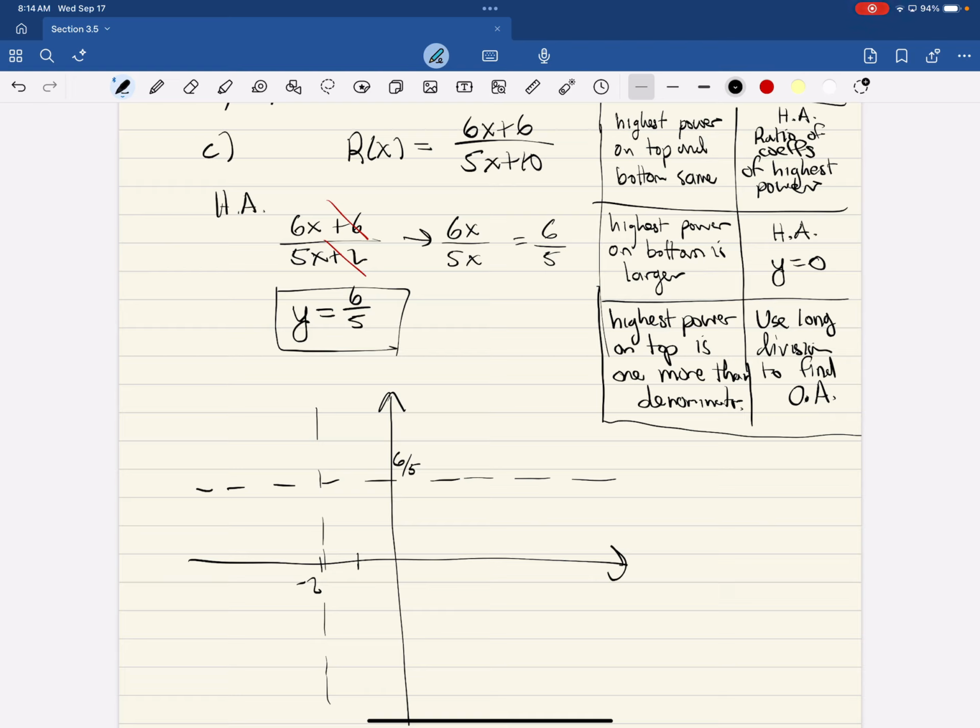All right. So we can get a pretty good picture of what's going on if we look at what's happening as we approach -2 from the left and the right. First off, we need to figure out on this side of our vertical asymptote, should I be above or below 6/5? I could just plug in a value, say -3, for example.